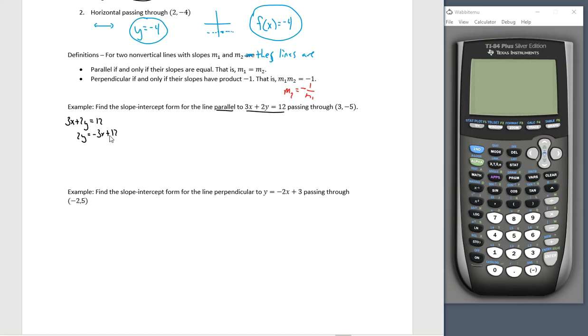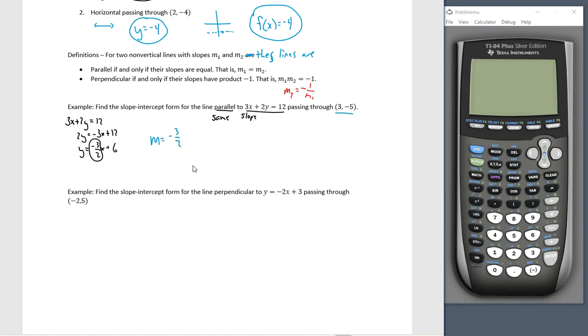So I'm going to subtract 3x, and then I'll divide everything by 2. And I'm going to use this slope. Parallel, I know I want to use the same slope. So the value I use will be m = -3/2.